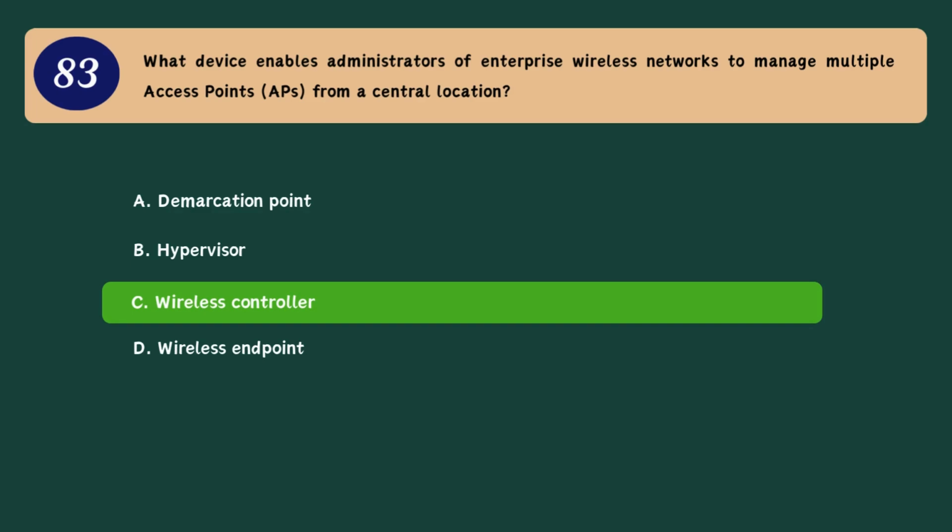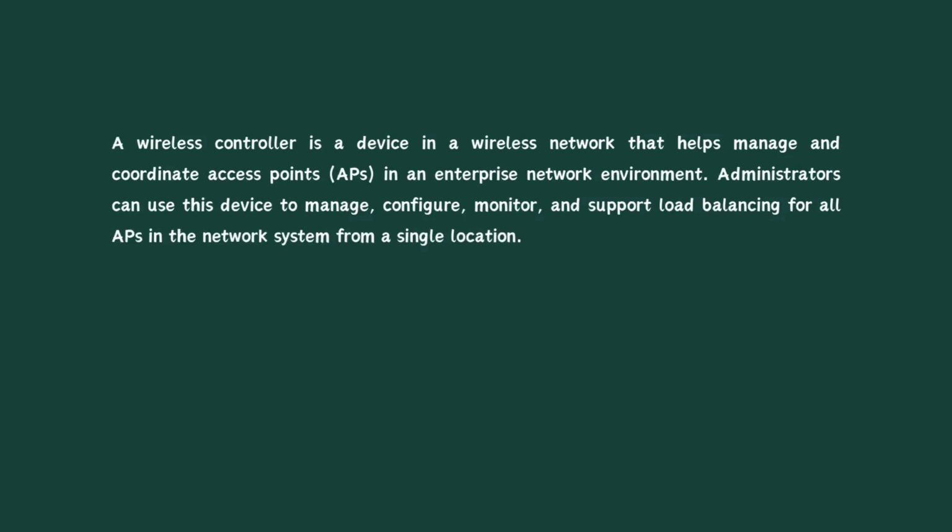C. Wireless controller. A wireless controller is a device in a wireless network that helps manage and coordinate access points in an enterprise network environment. Administrators can use this device to manage, configure, monitor, and support load balancing for all APs in the network system from a single location.